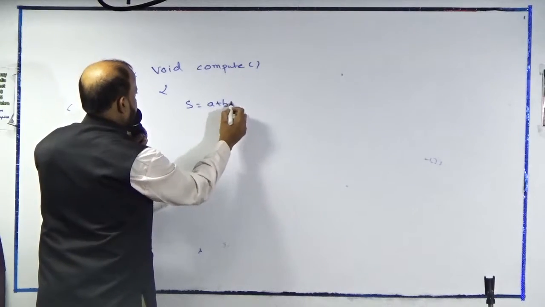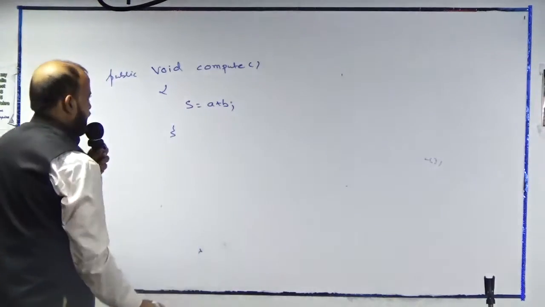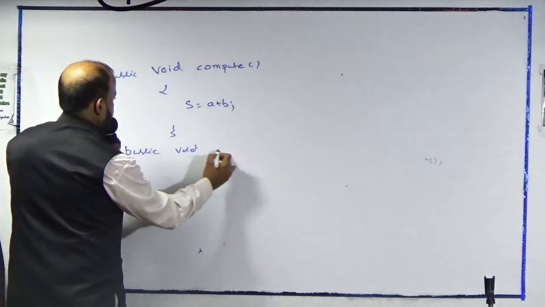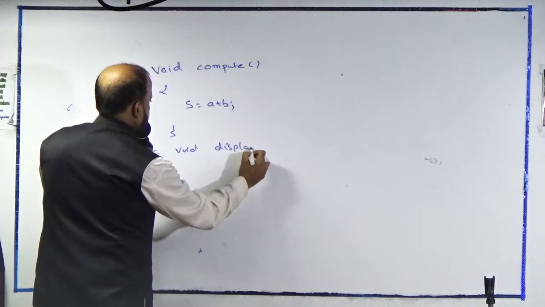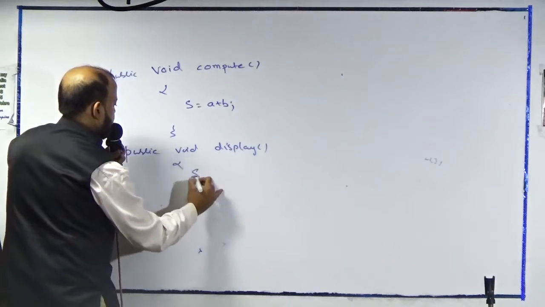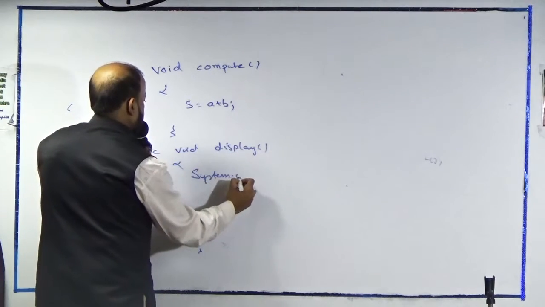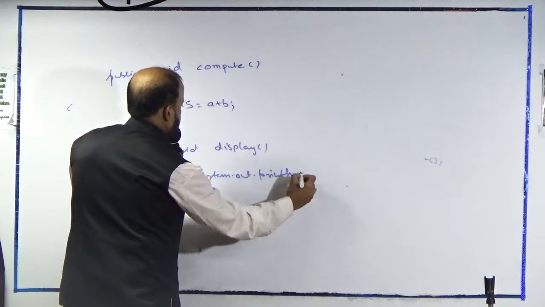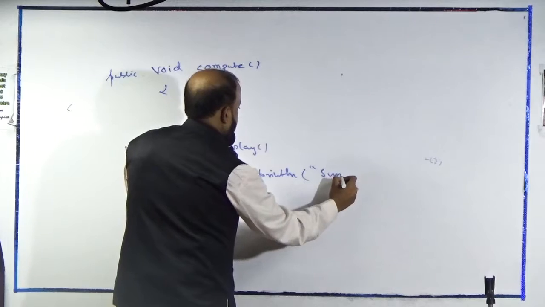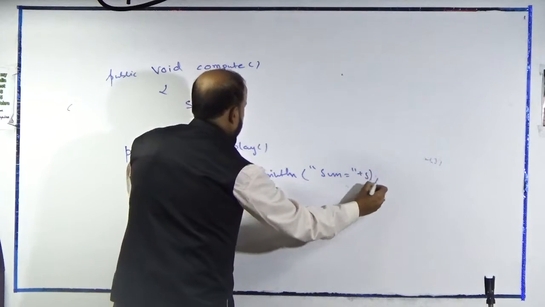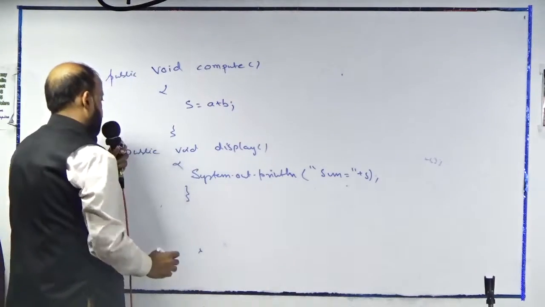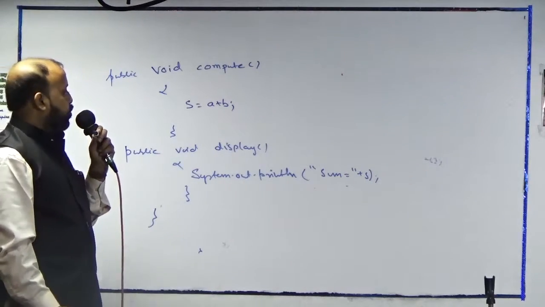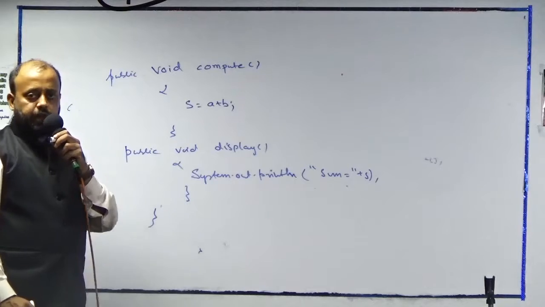As with our data members, we have added. In the same way, public void display. It will display my answer. Now this is my class to add two numbers, right?